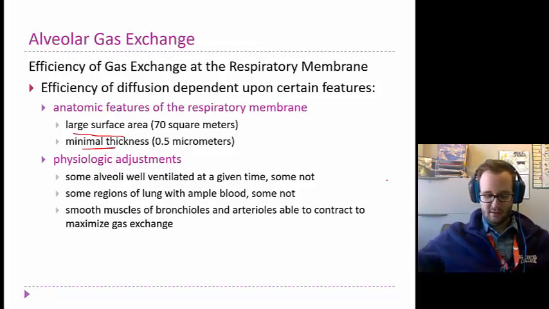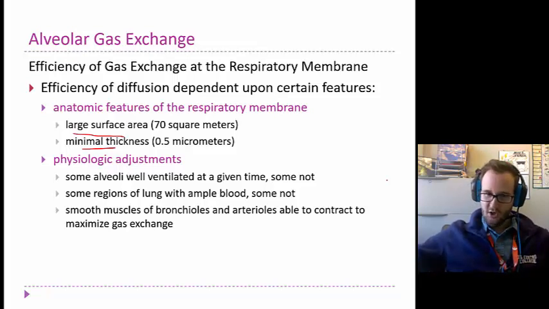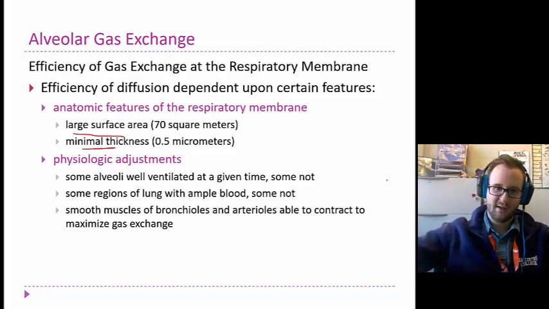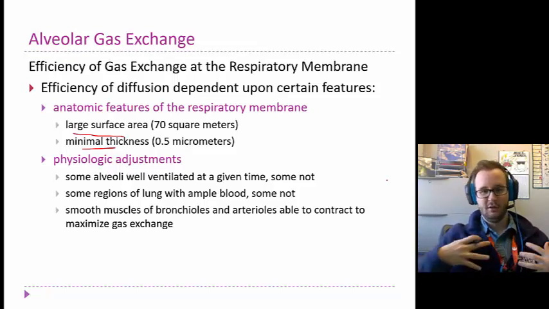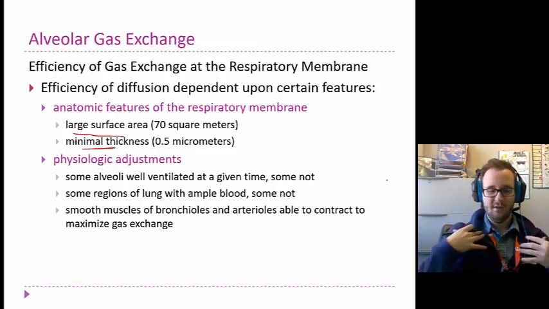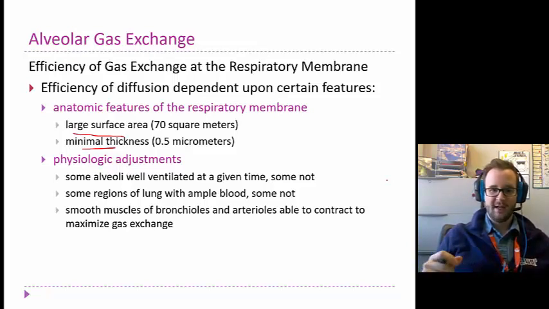So if you took one yard, starting 3 feet from the out of bounds line on a football field, and took this all the way down, it would go all the way to about the 70-yard line. That's how much surface area you have inside of your 2 little tiny lungs, with all their lobes, etc. 70 square meters of surface area for gas exchange.